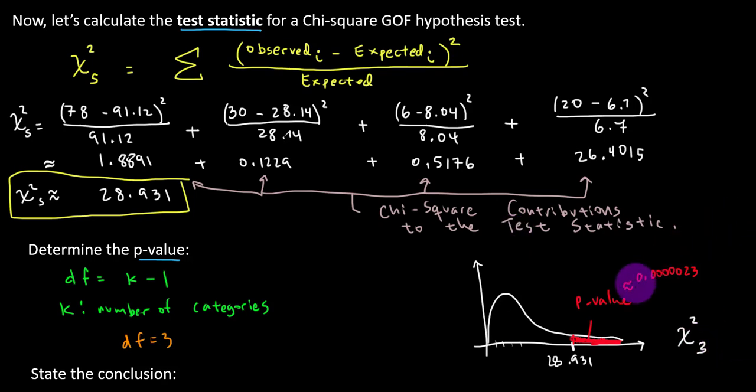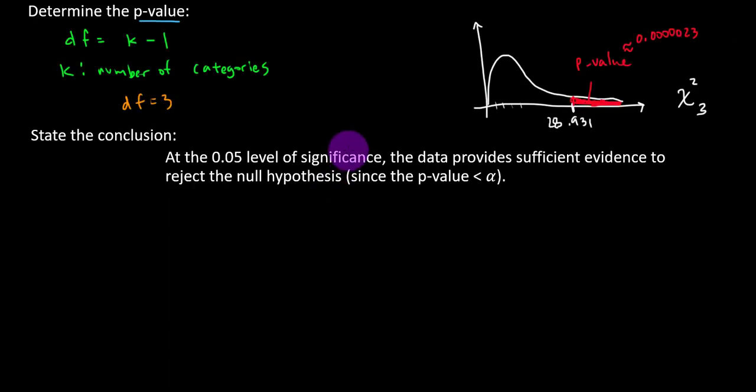Now that we have our p-value, we are ready to state a conclusion to our goodness of fit test. As we can see, this very, very small p-value is going to be less than any reasonable level of significance, using the good old 5% level of significance, and indicates that our data provides sufficient evidence, possibly even strong evidence, to reject the null hypothesis.